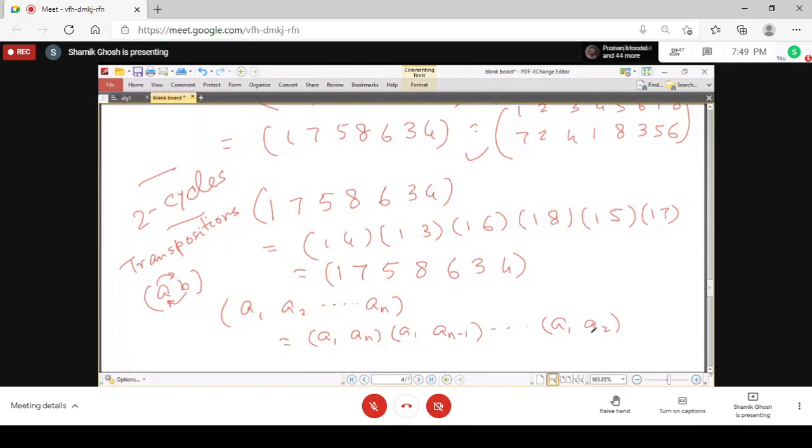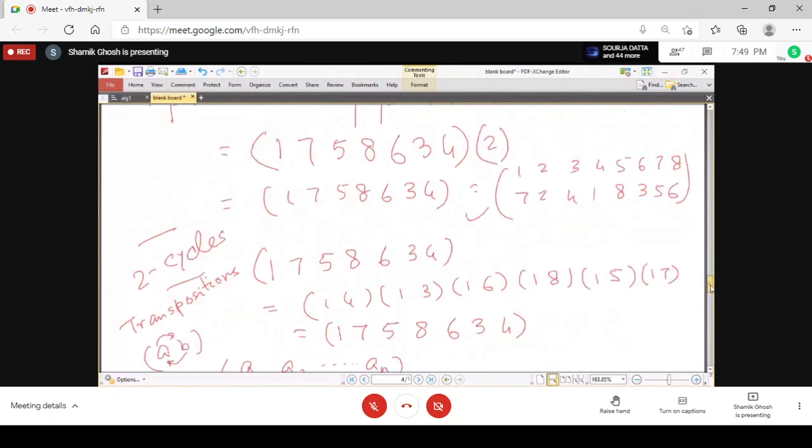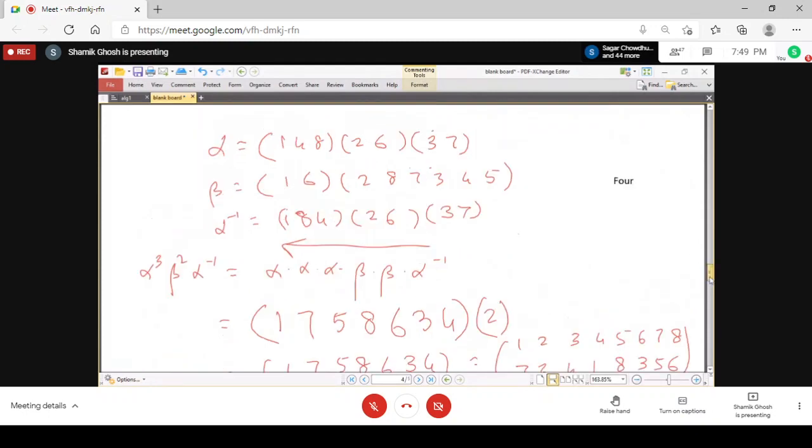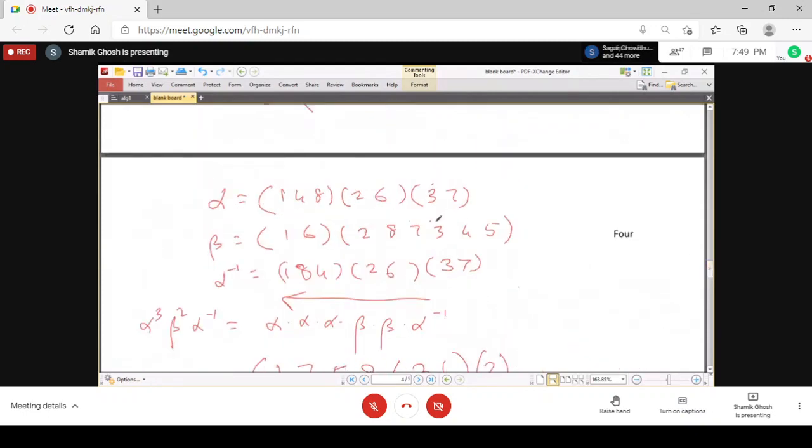this is not a unique representation. In the disjoint cycle case, the representation was unique in the sense that you can just rotate a cycle cyclically, or you can put the disjoint cycles in commutative order. Otherwise, the breaking up of the elements in terms of the cycles is the same. That is unique.